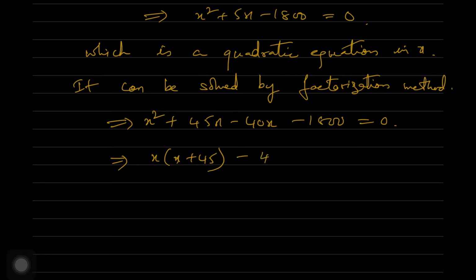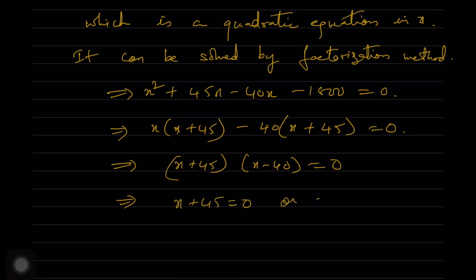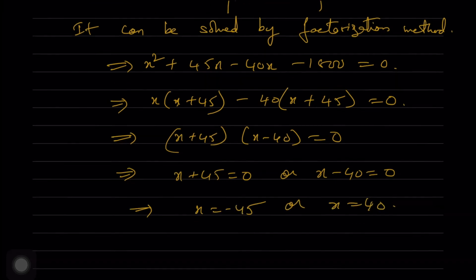Here you can take out minus 40, so you'll get in brackets x plus 45, which is equal to 0. So which implies that x plus 45 into x minus 40 is equal to 0, which implies that x plus 45 is equal to 0, or x minus 40 is equal to 0, which implies x is equal to minus 45 or x is equal to 40.